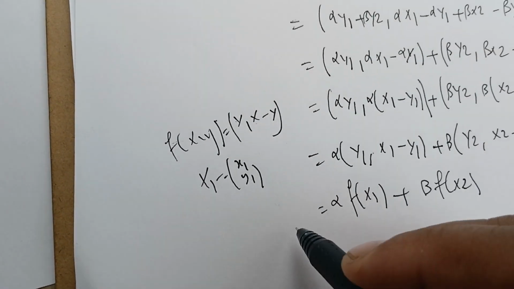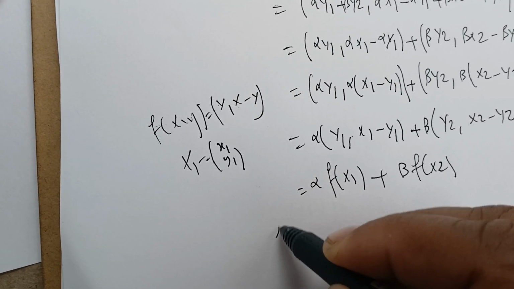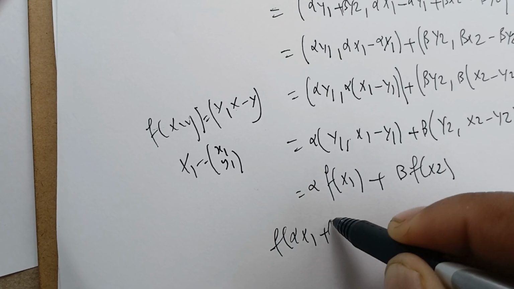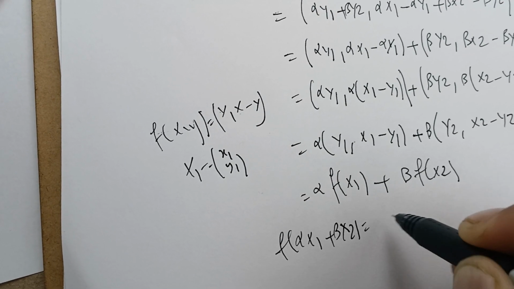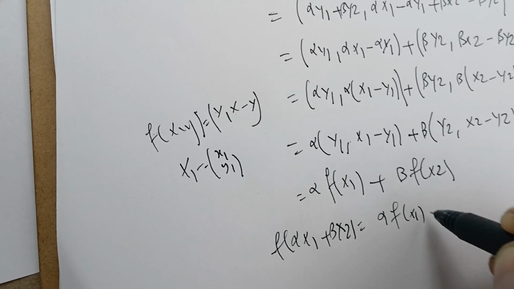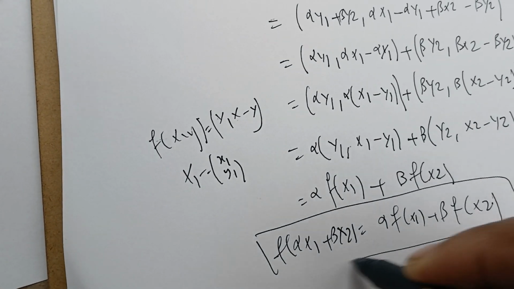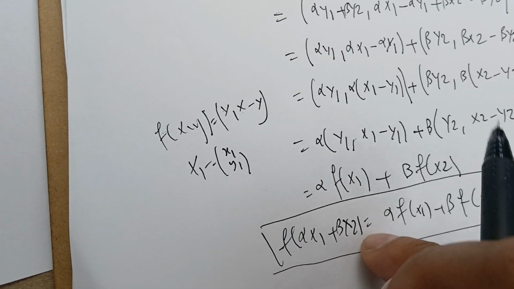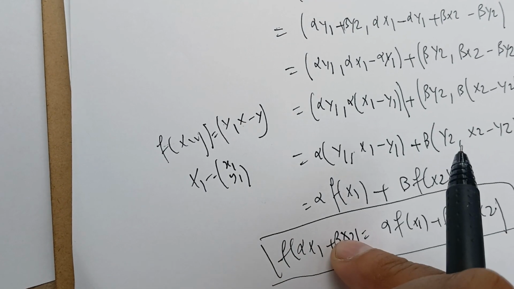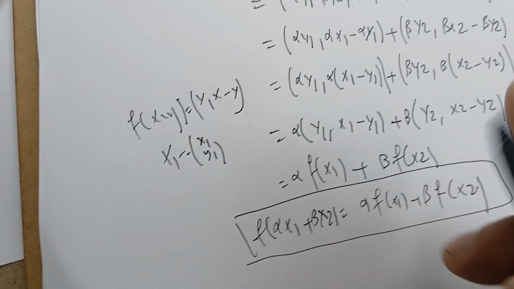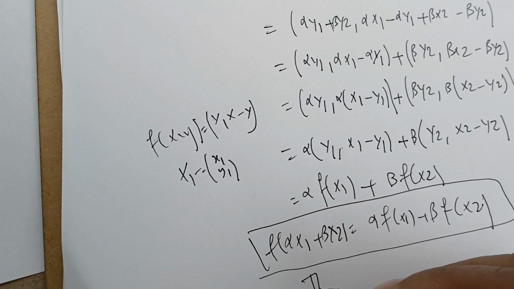Okay, this proves that f(αx1 + βx2) = αf(x1) + βf(x2) for any α, β in R and any x1, x2 in R².